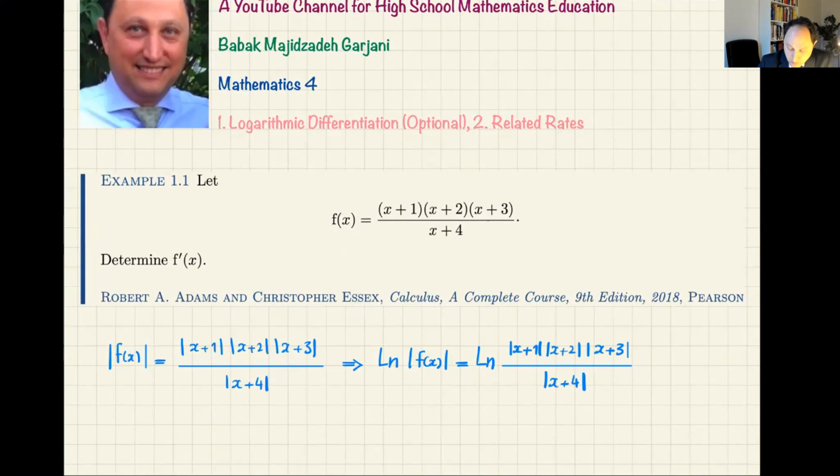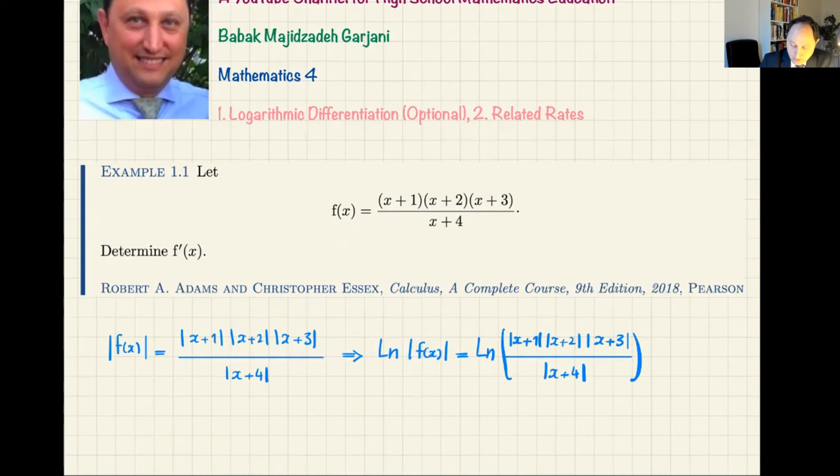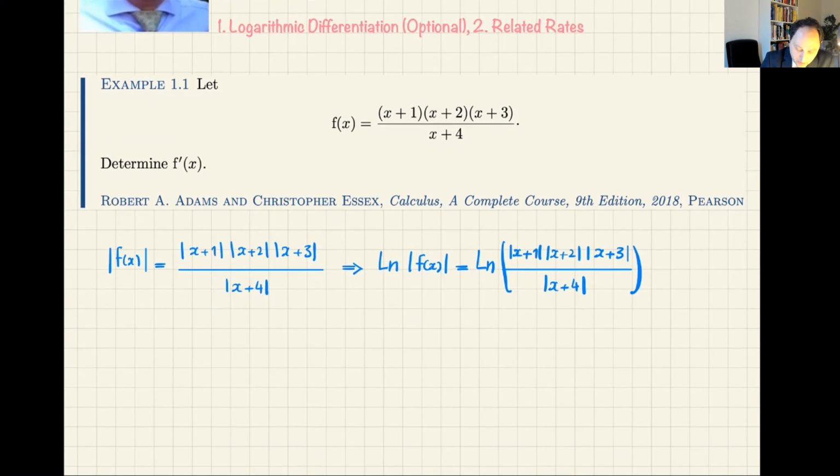Okay, so if you want, I can put a pair of brackets around that. But then what I can write, I can say that the ln of the absolute value of f of x is equal to the ln of the numerator minus ln of the denominator. But ln of the numerator itself is a product.